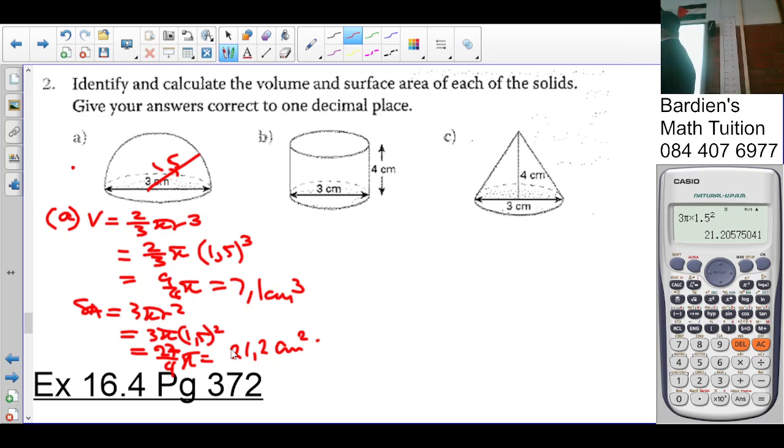We'll give that. The next one, P, is what? The cylinder. Not so? How do you calculate the volume of a cylinder? Area of base times height. Not so? It will be pi r squared times height.